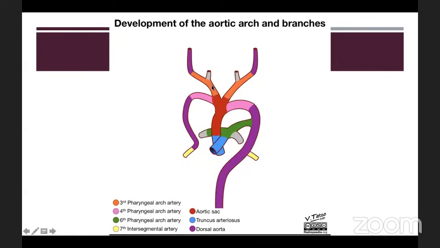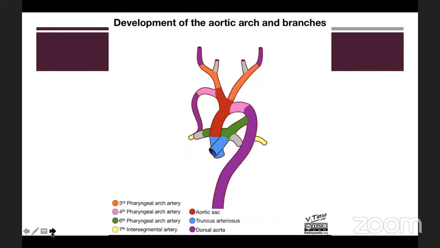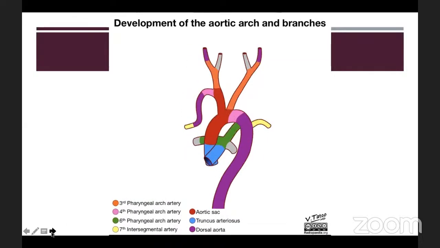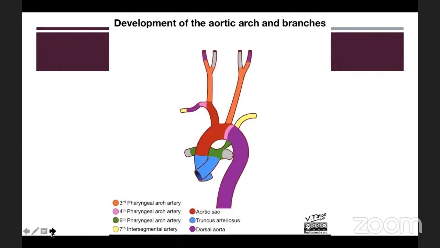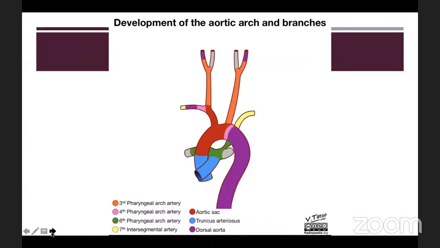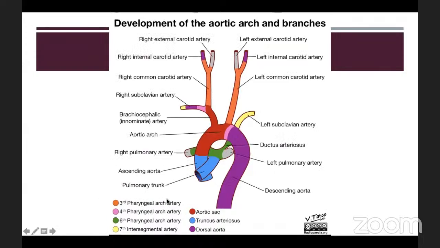Now this becomes the carotid, right subclavian and part of the arch, and this is the pulmonary artery. The left pulmonary artery is connected to the aortic arch by the ductus arteriosus, which becomes the ligamentum arteriosum.